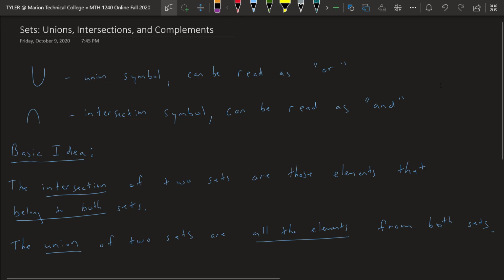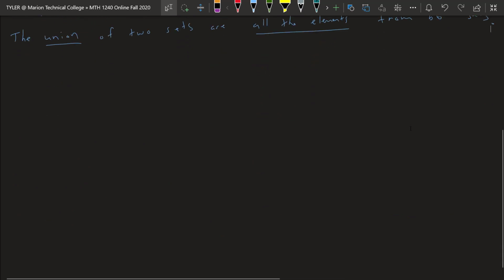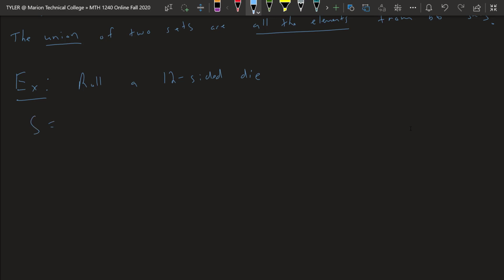Right? So let's look at an example. Let's say you're rolling a 12-sided die. In that case, the sample space S would be equal to all the possible events: we could roll a 1, a 2, a 3, a 4, etc., all the way to 12.